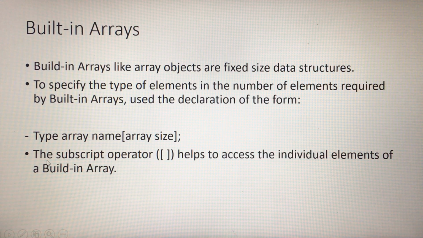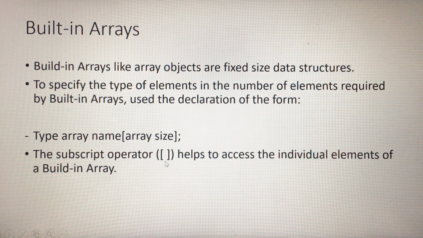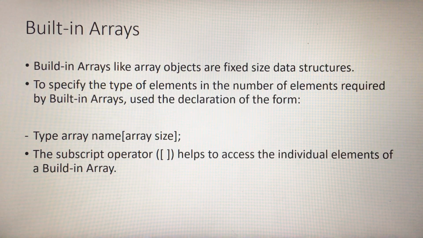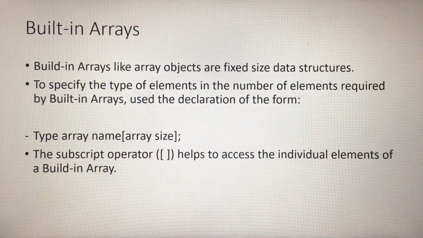And here the subscript operator, which is the symbol in the brackets, which you can see here, helps to access the individual elements of a built-in array. So that is a built-in array.